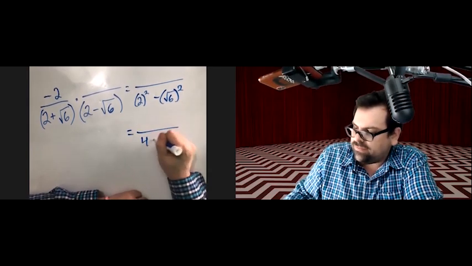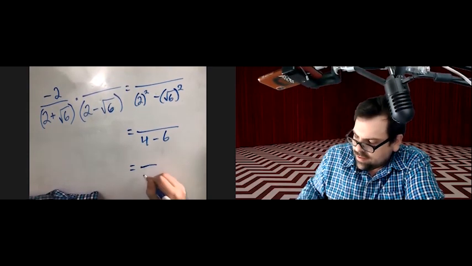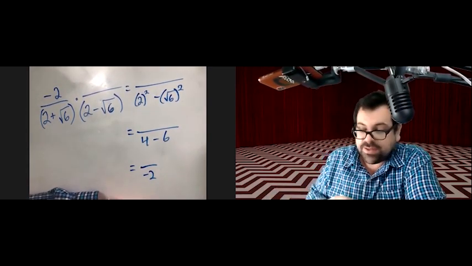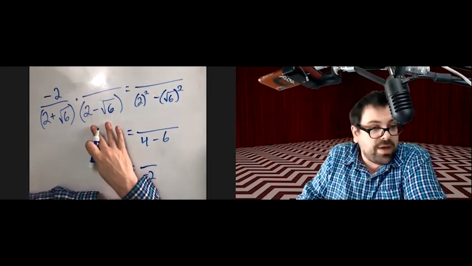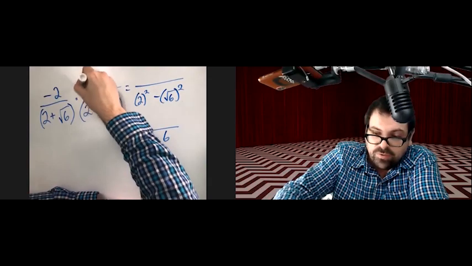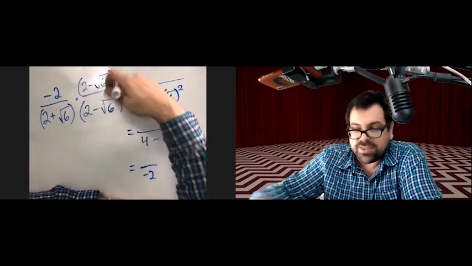And that's 4 minus 6. And that's negative 2. Let's figure out what the top is. If we're multiplying by 2 minus radical 6 on the bottom, since we're multiplying by 1 overall, that form of 1 is 2 minus radical 6 over itself.